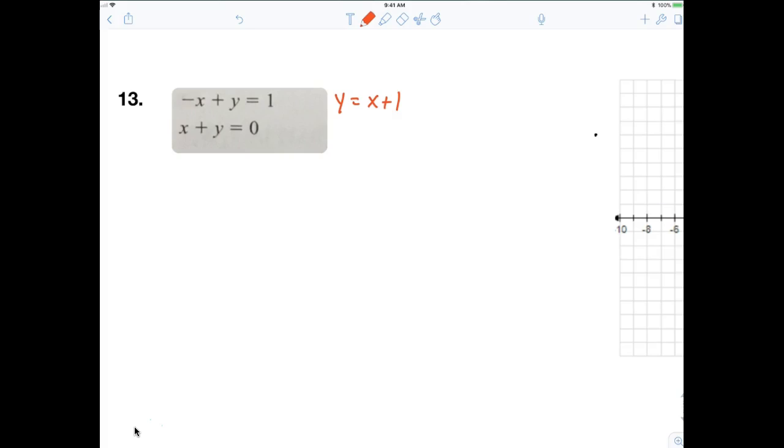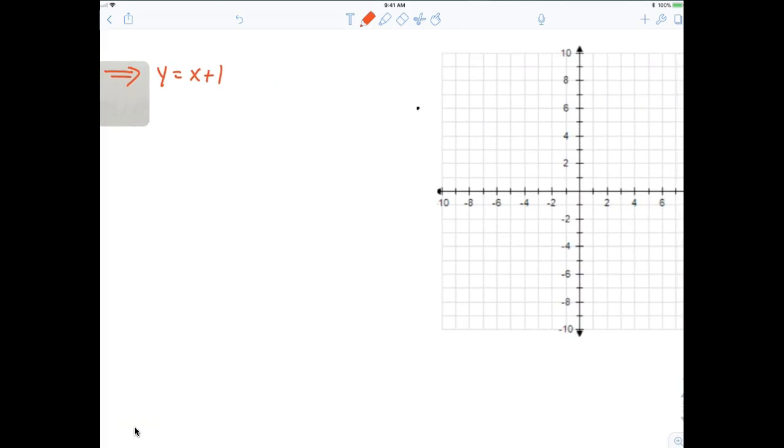I'm not even mad. You ask, and I will tell you. All I did was take this negative x and move it over to the other side. When I move negative x to the other side, it becomes positive. You have to know that from now on: when you move an x, you change the sign. Now we're going to graph that.